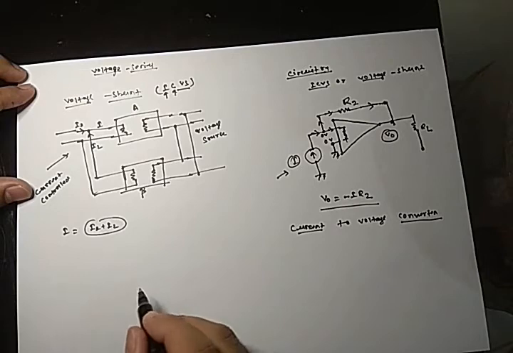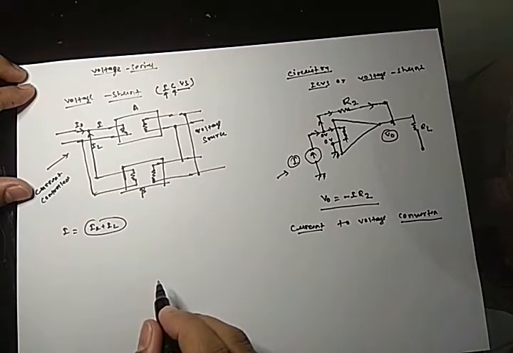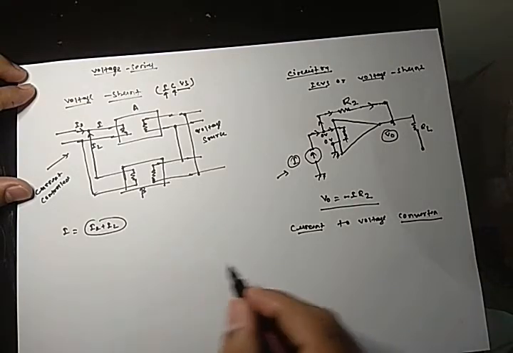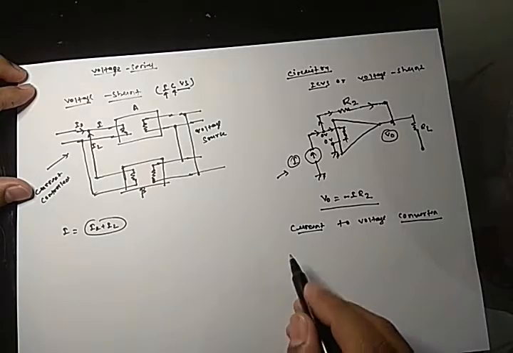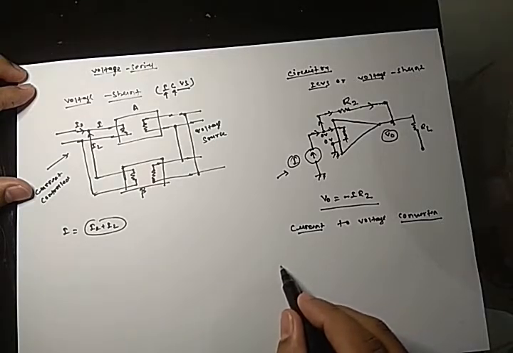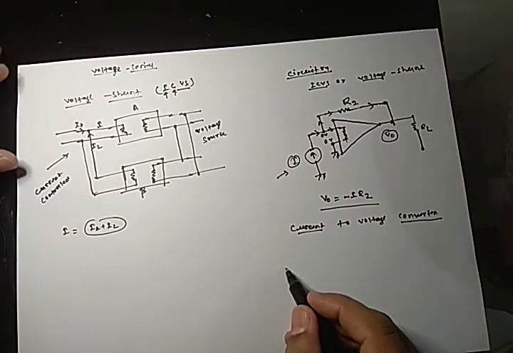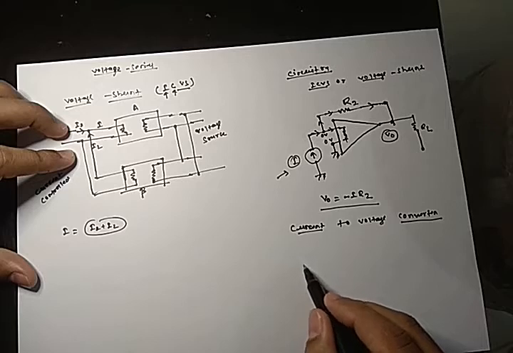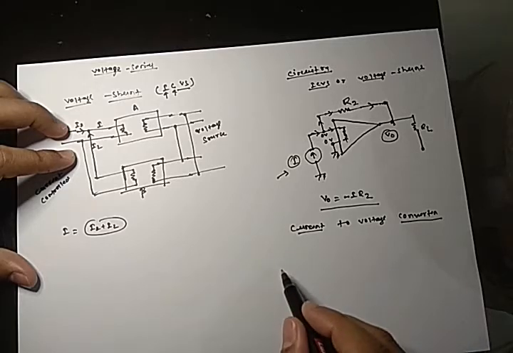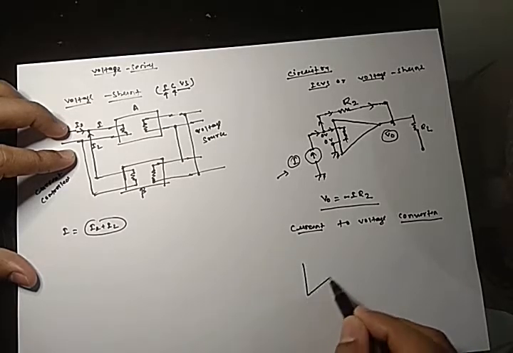This circuit can be used in many ways. Suppose we want to measure the darkness or the brightness in the day, then we will just connect this circuit.